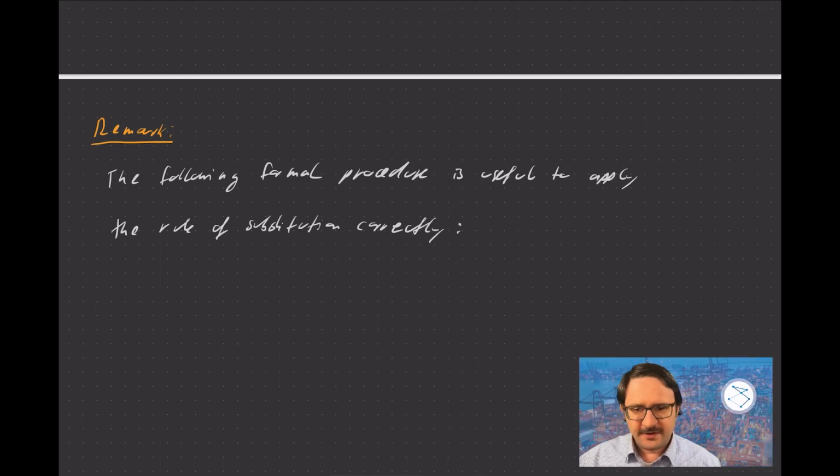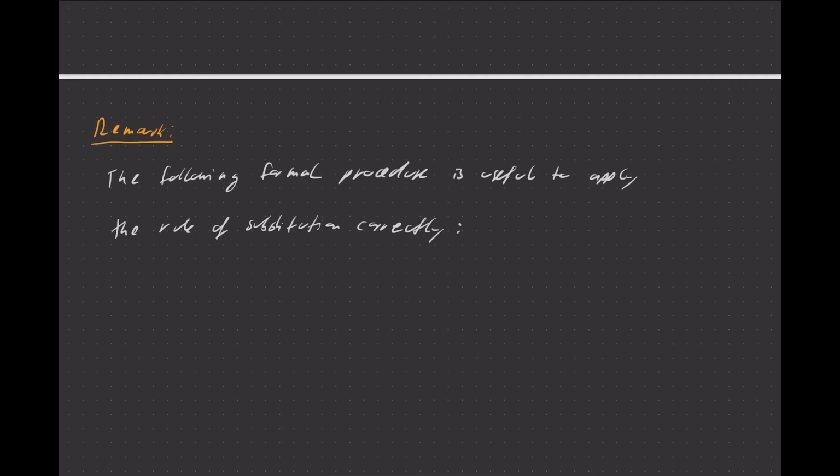And just to be clear, this is by no means something that I would consider mathematically sound, at least not with the tools that we have presented so far. There are ways to actually make this precise, but they are pretty deep, and we are not going to discuss these tools in the context of this course, unfortunately.